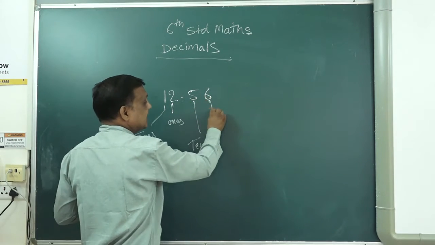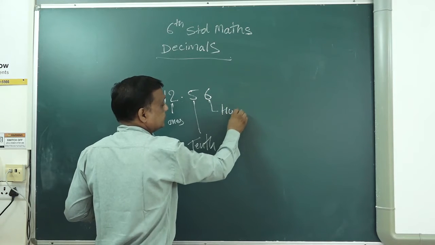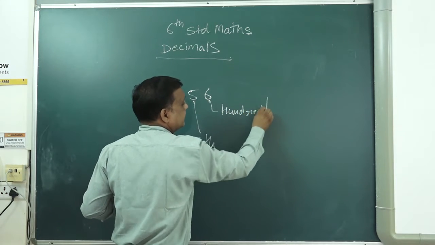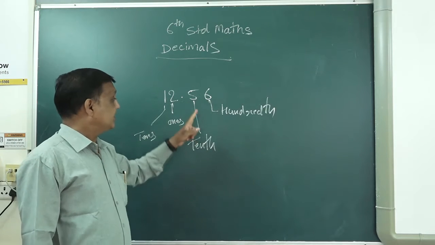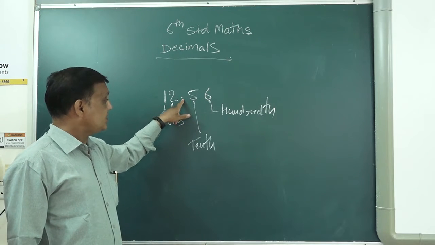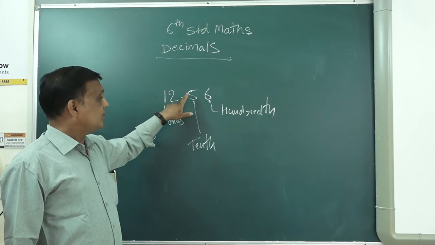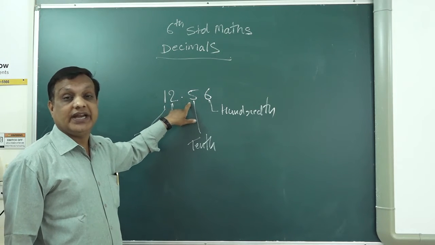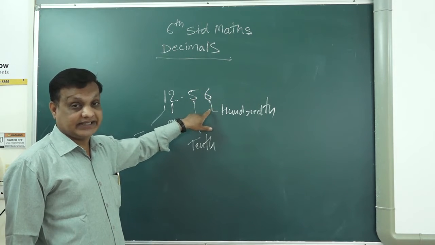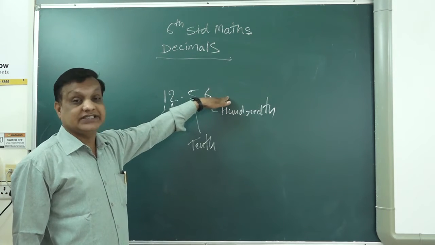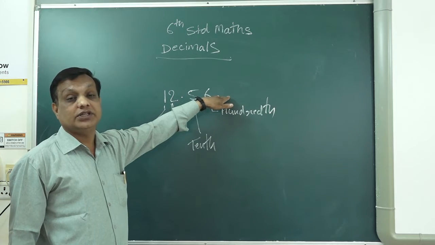The second digit is hundredth. See the reading. After the decimal, the first digit you read as tenth. The next digit you read as hundredth. If one more digit is there, that comes as thousandth.